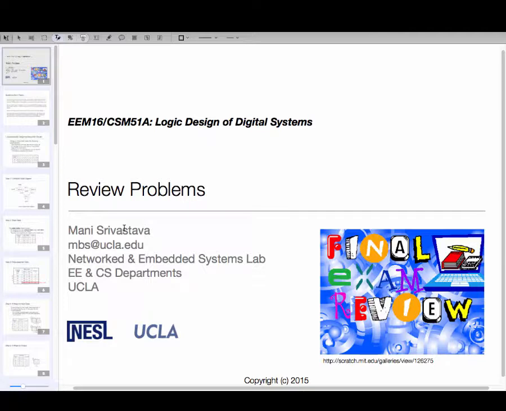Our exam will be 2 hours, from 11:30 to 1:30. Any of you who have arrangements with the Office of Disability, your extra time is going to be after the exam. Just wanted to mention that. Before I start, any other questions?